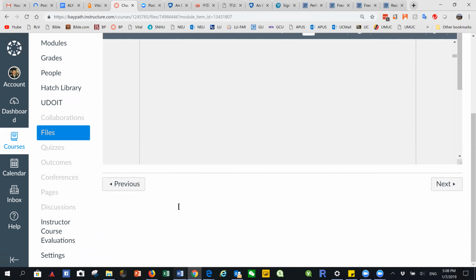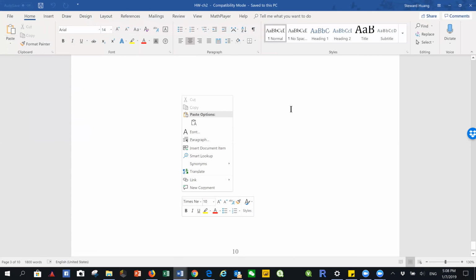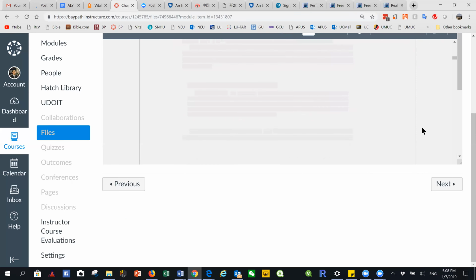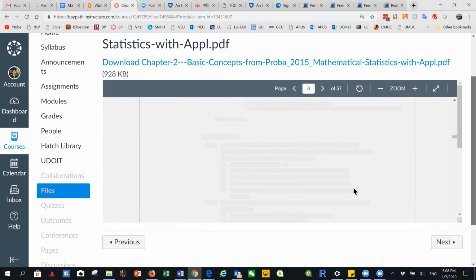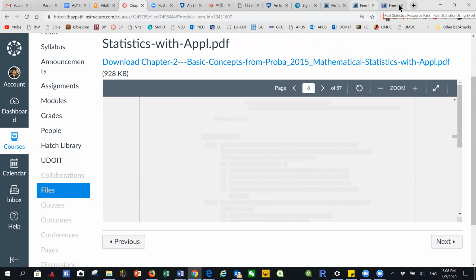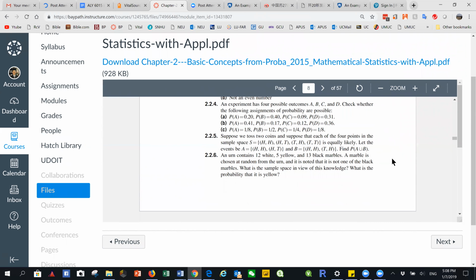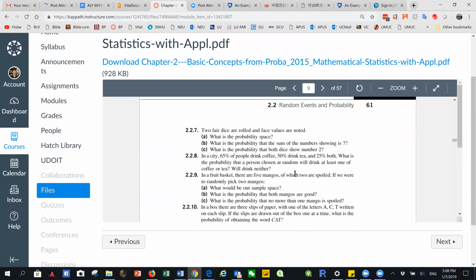What's that? Not this one. 2.2.8. It takes a little bit to download. One second. All right, 2.2.8.